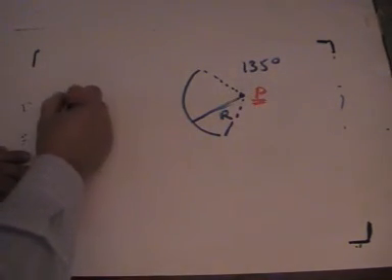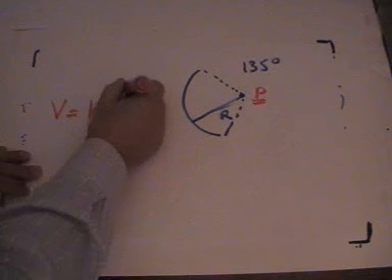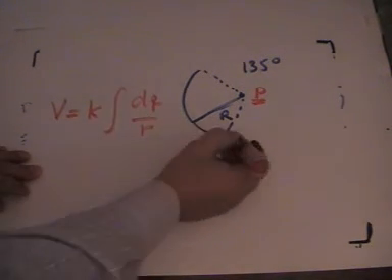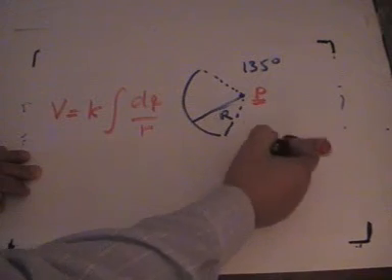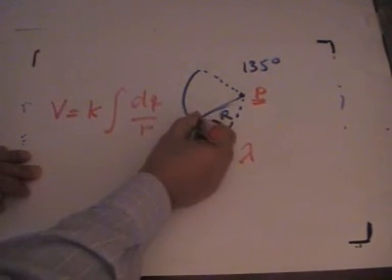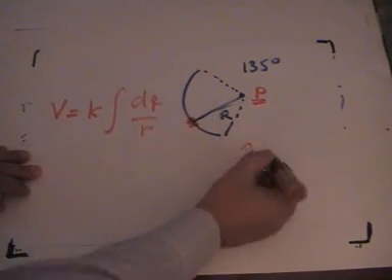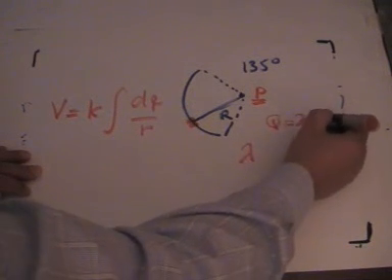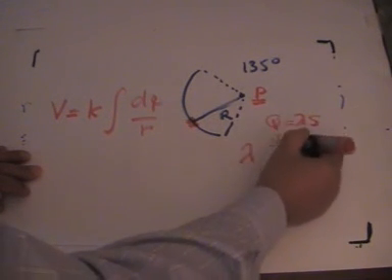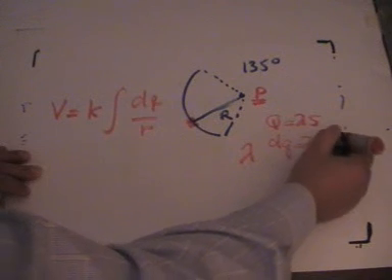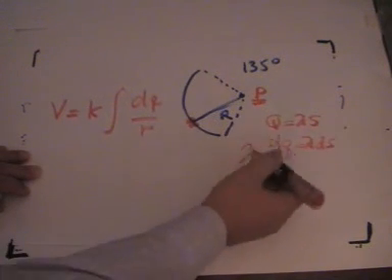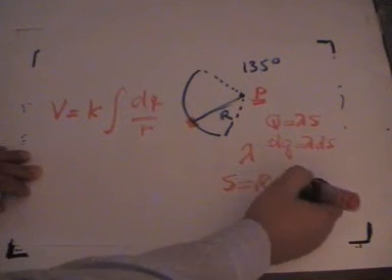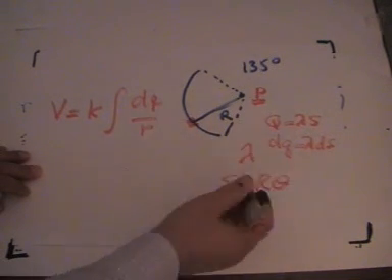Now we know the definition of the potential is V equal to the integral of k dq divided by r. Lambda is constant here. If I split this arc into small dq, I know that q is equal to lambda multiplied by s, the arc length. So dq is equal to lambda ds, and s is equal to r theta, so ds is r d theta.